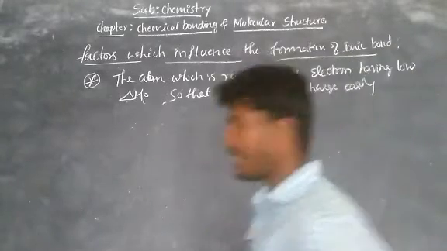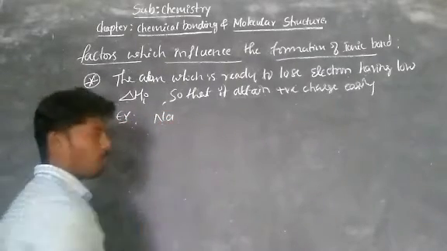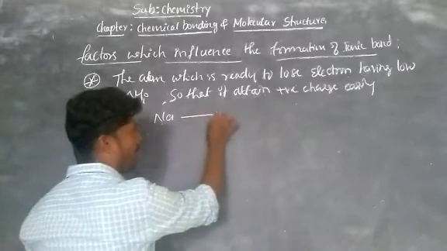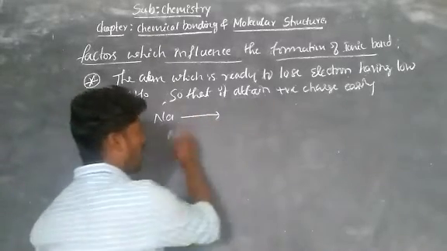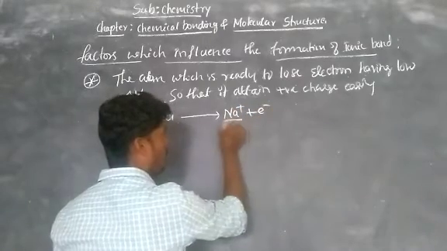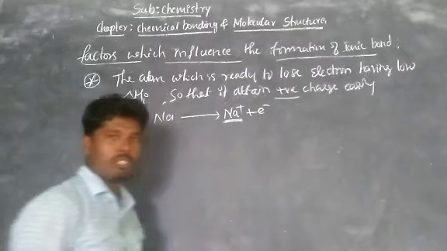Okay, so for example, take sodium. Sodium has only one valence electron in the outermost shell, so by supplying a small amount of energy, it is ready to lose one electron and becomes sodium ion, that is positive ion. So it attains positive charge.